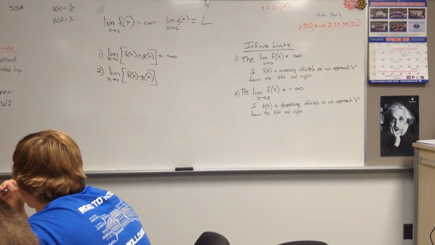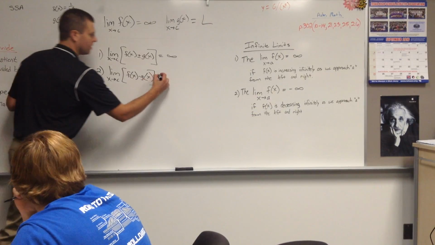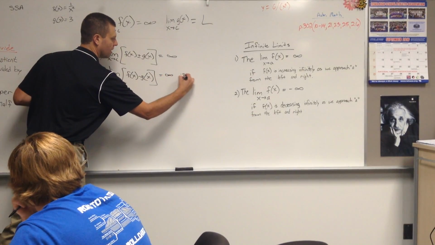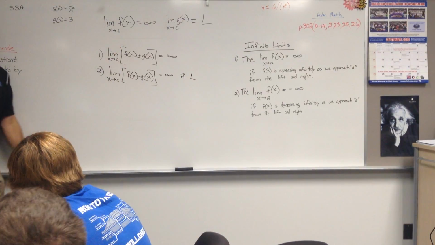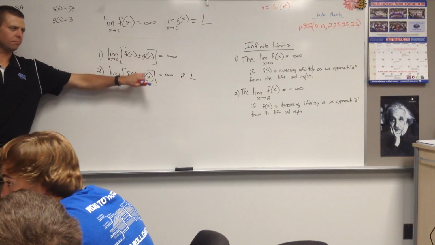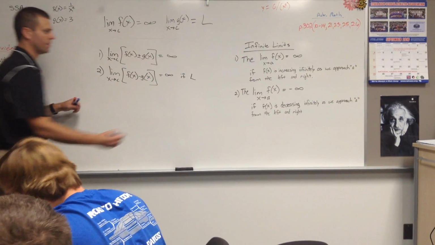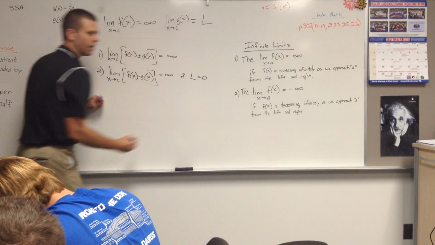Which would still be what though? Infinity. It'll be infinity if L is what? Positive. Infinity times 4, still infinity. Infinity times 8 is still infinity. So if L is greater than 0, right?